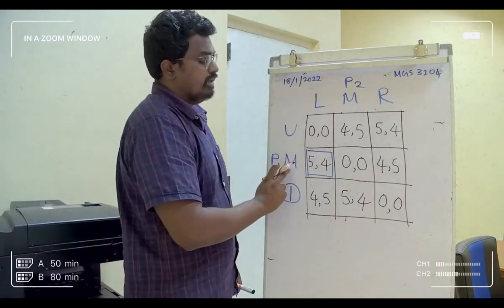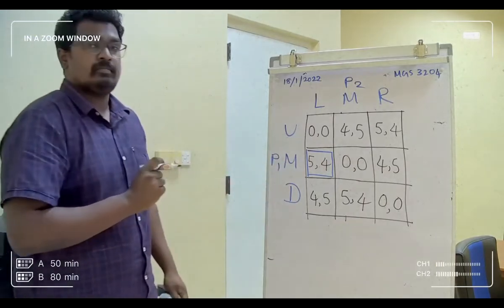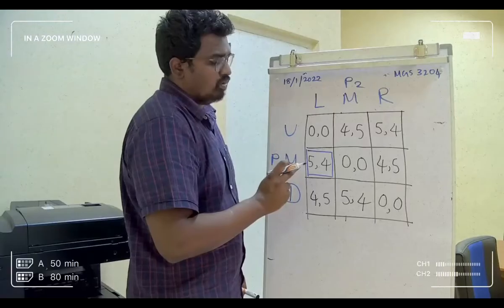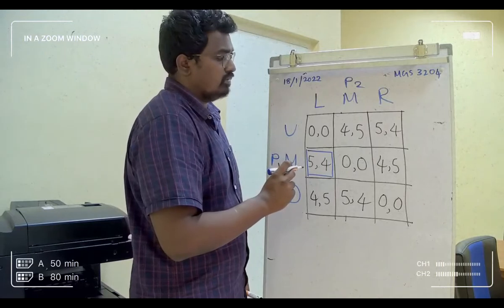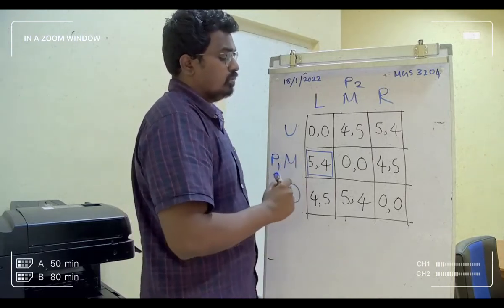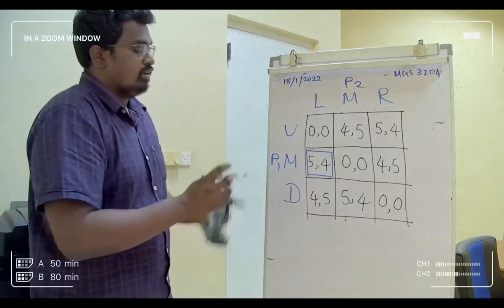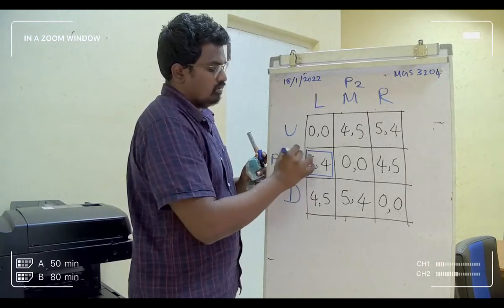Once player 1 plays middle, what's the best for player 2? 4, sir. 4 means what? What's the best outcome for player 2, knowing that player 1 plays middle?